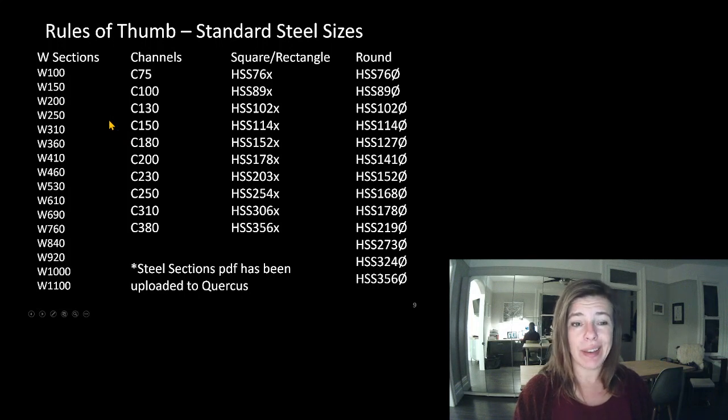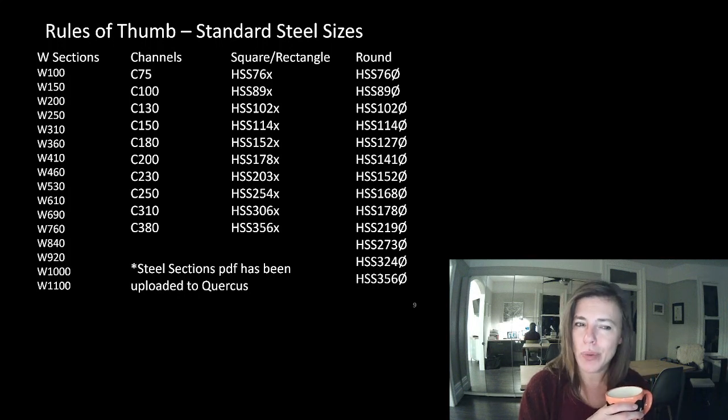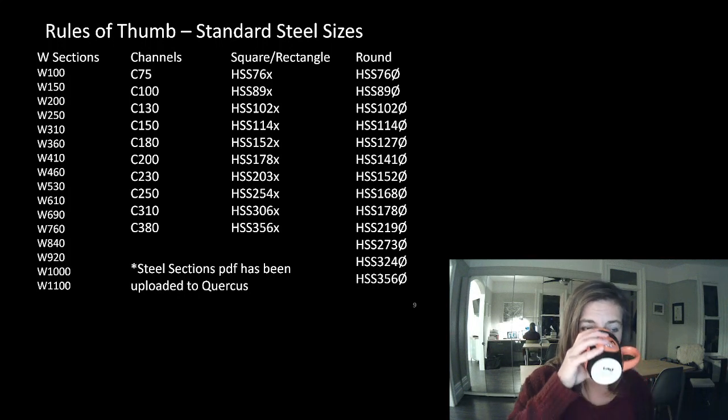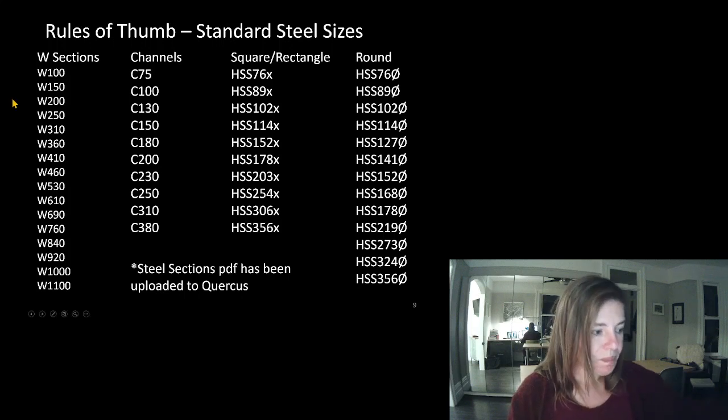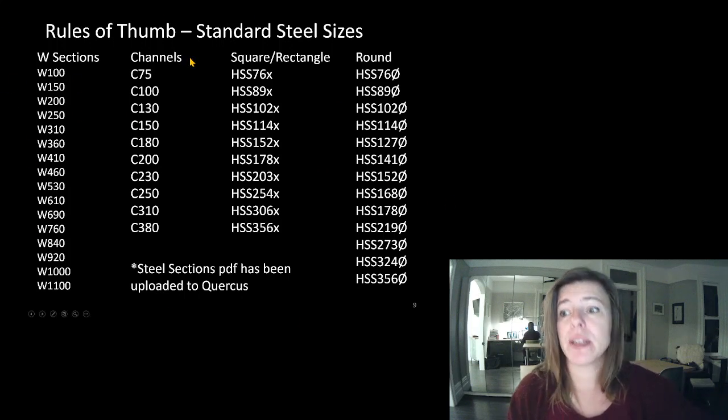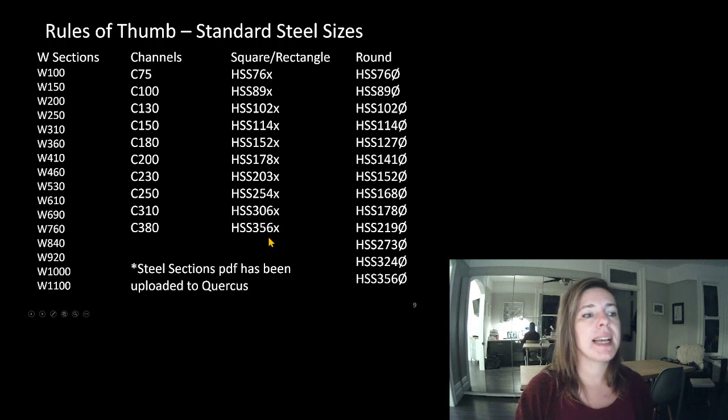It's going to tell you you need a member that's around 150 millimeters deep. Well, great. You know a W150 is around 150 millimeters deep. So perfect. You could put something like that on your drawing set, if your sizing guidelines tell you you need something that's around 150 millimeters deep. So how do we use our sizing guidelines? These are the sort of things I'm expecting you to pull off for sizing guidelines.